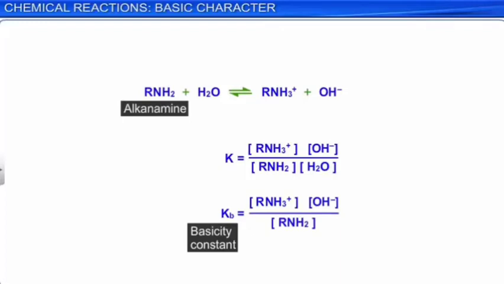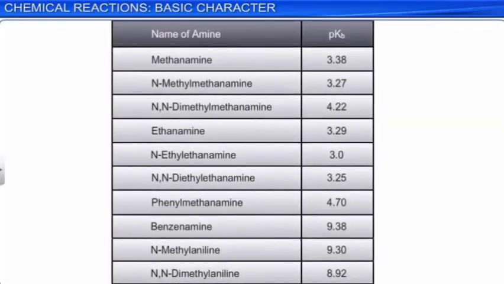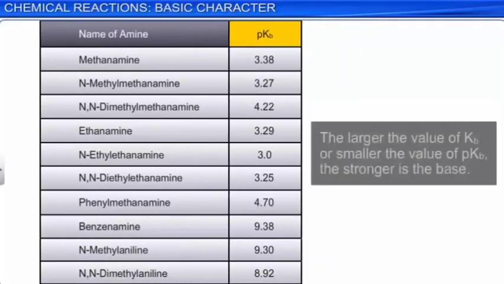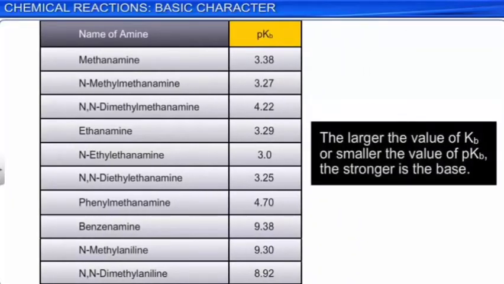You get an idea of the relative basic strength of amines from their Kb or pKb values. The larger the value of Kb or smaller the value of pKb, the stronger is the base.